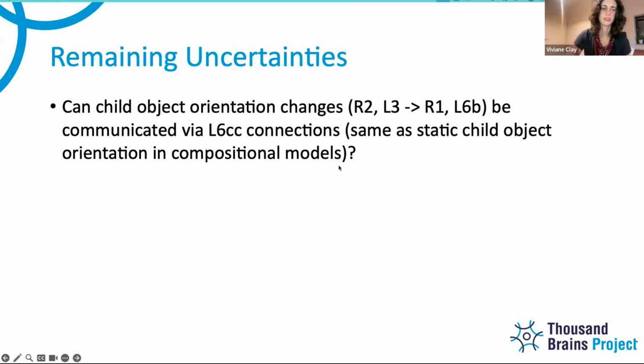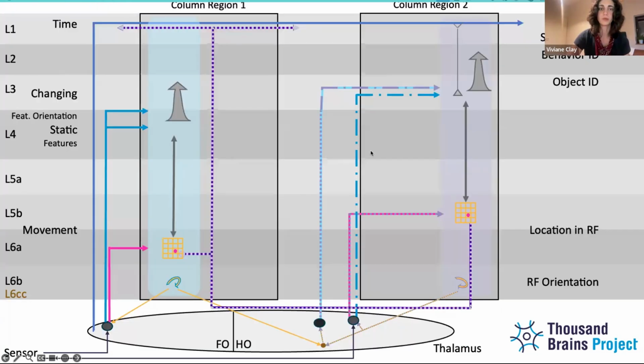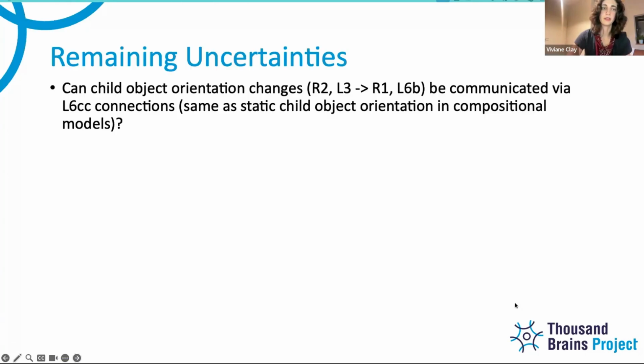One is this child object orientation change, and whether it can actually be communicated by these layer 6 cortical connections, similar to how we proposed it for the compositional objects. In both instances, this is the least certain part, even in the compositional object idea. I'm not 100% sure this is the best way to communicate this in the layers.